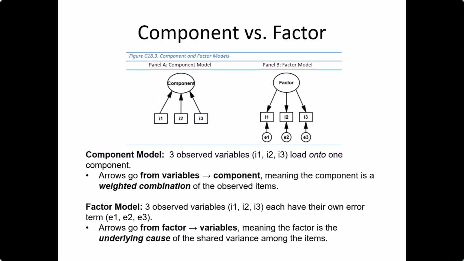So what is a component and what is a factor? Components, which are from principal component analysis, are mathematical combinations of items that are created to reduce data. They use all the variance in the items, shared plus unique plus error, and they don't assume any underlying psychological meaning. They're simply statistical summaries.